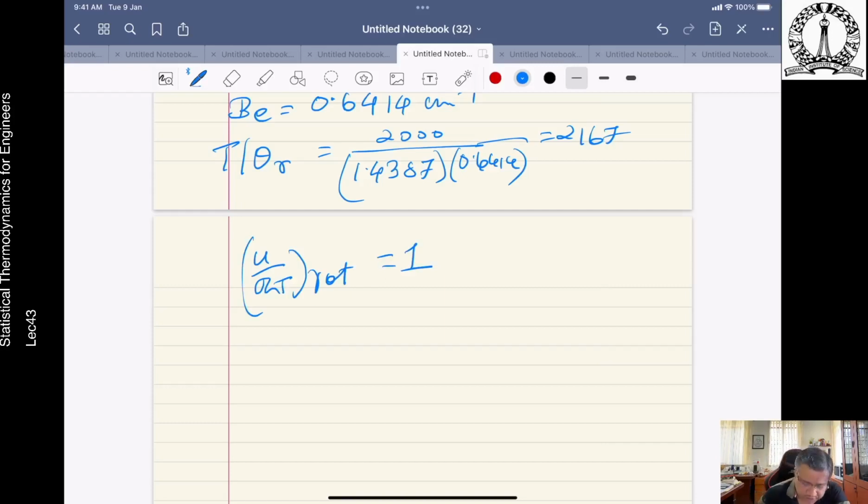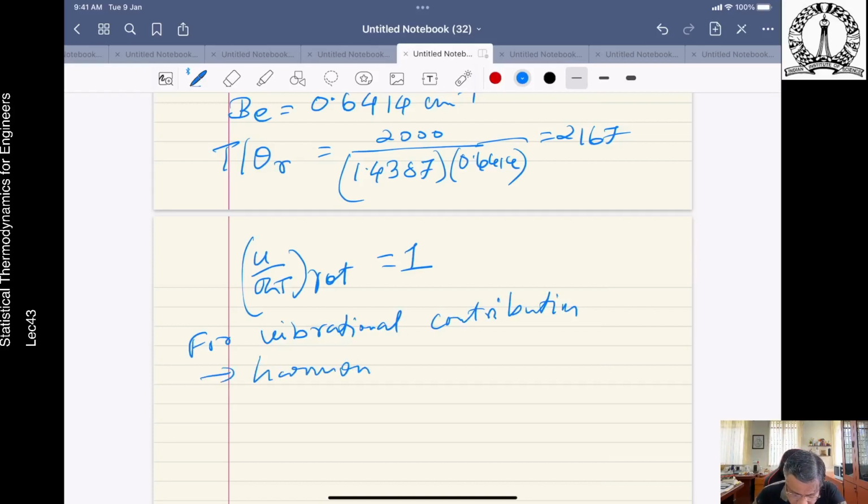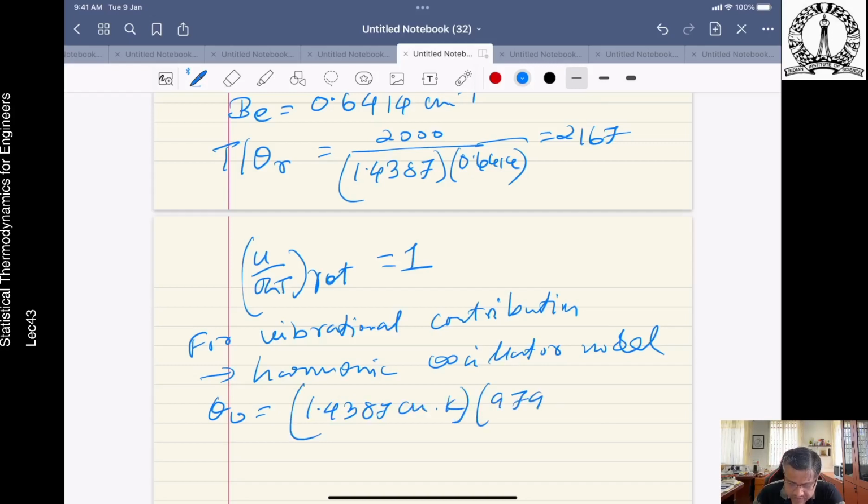Finally the vibrational contribution, we again use the harmonic oscillator model, for which theta V is equal to 1.4387 centimeter Kelvin times 979.2 centimeter inverse, which is 1408.8 Kelvin.